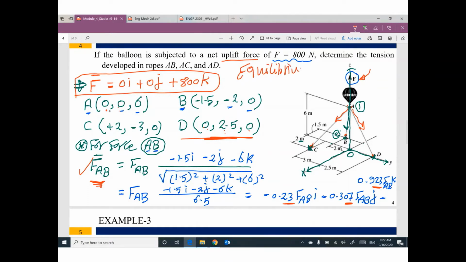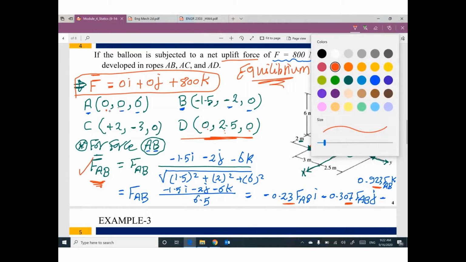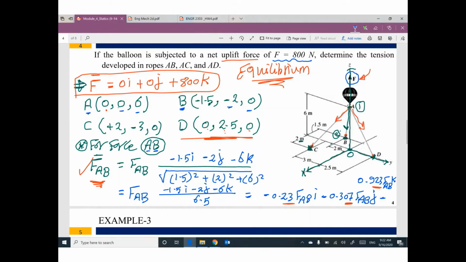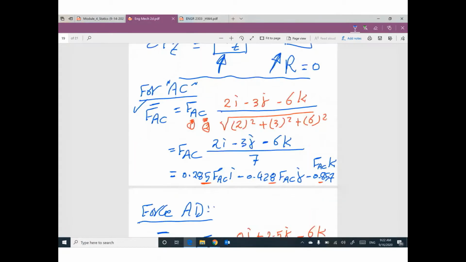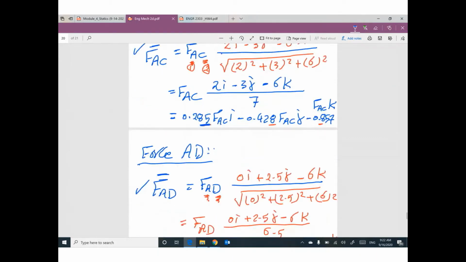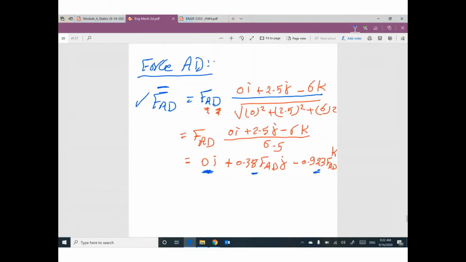What does it mean? It means if you add the X components together, all of them equal 0. This one plus this one plus this one plus this one equals 0.